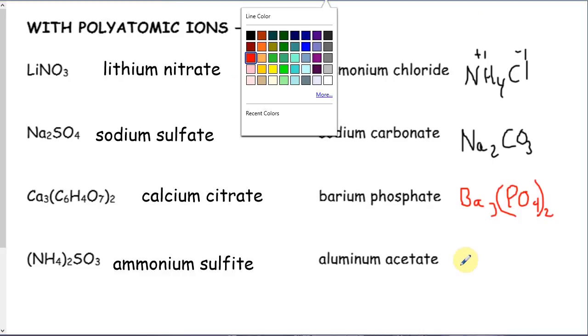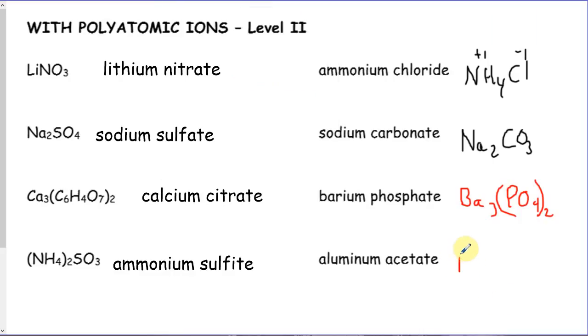Aluminum acetate. Aluminum is Al. Formula for acetate, the one I'm going to use is C2H3O2 with a minus 1 charge. And aluminum is a positive 3 from the periodic table. When I crisscross, I got to wrap the acetate in parentheses. And I write that 3 on the outside.